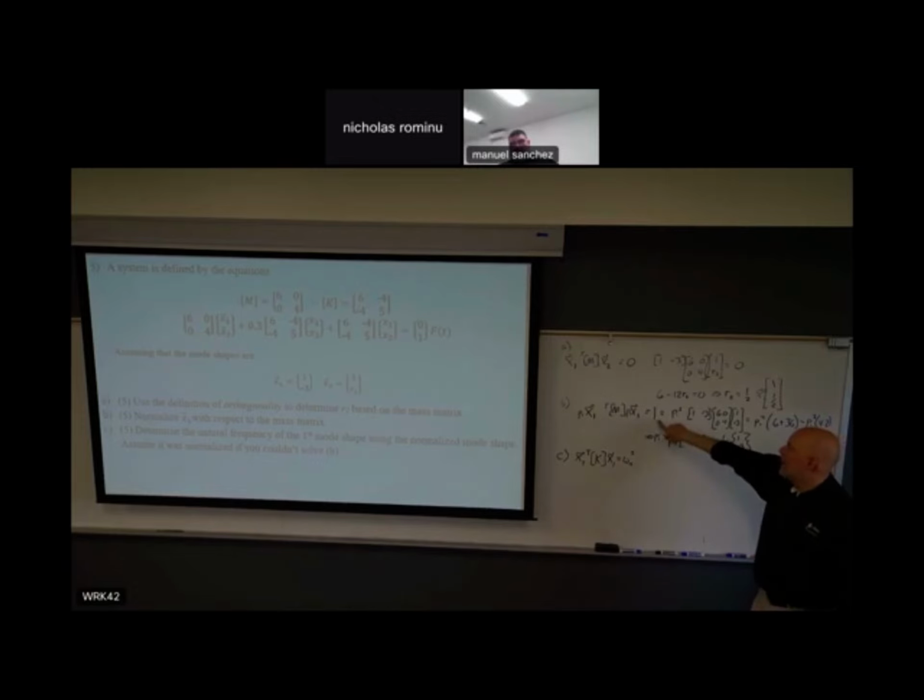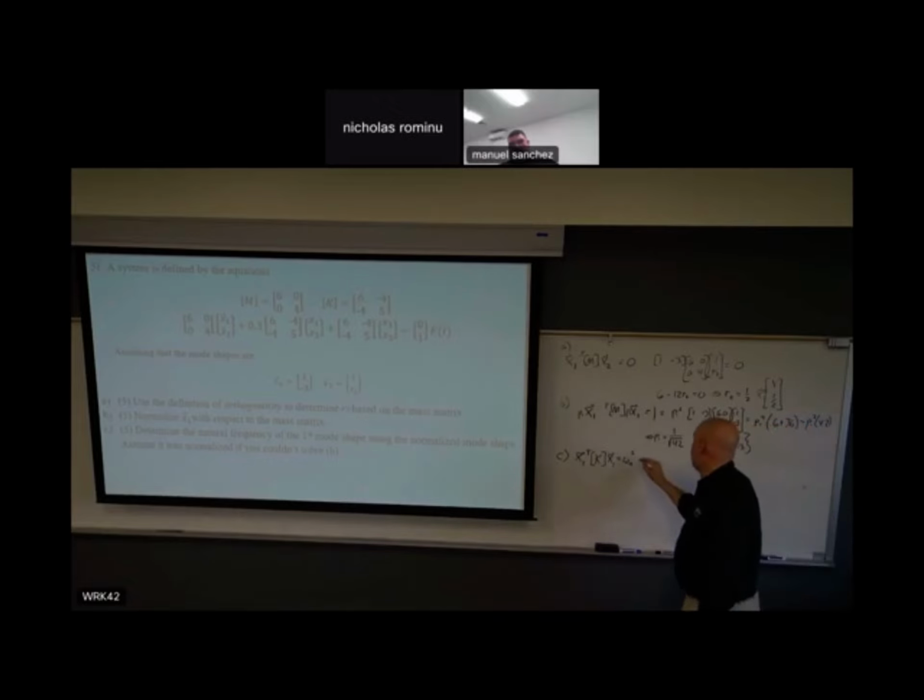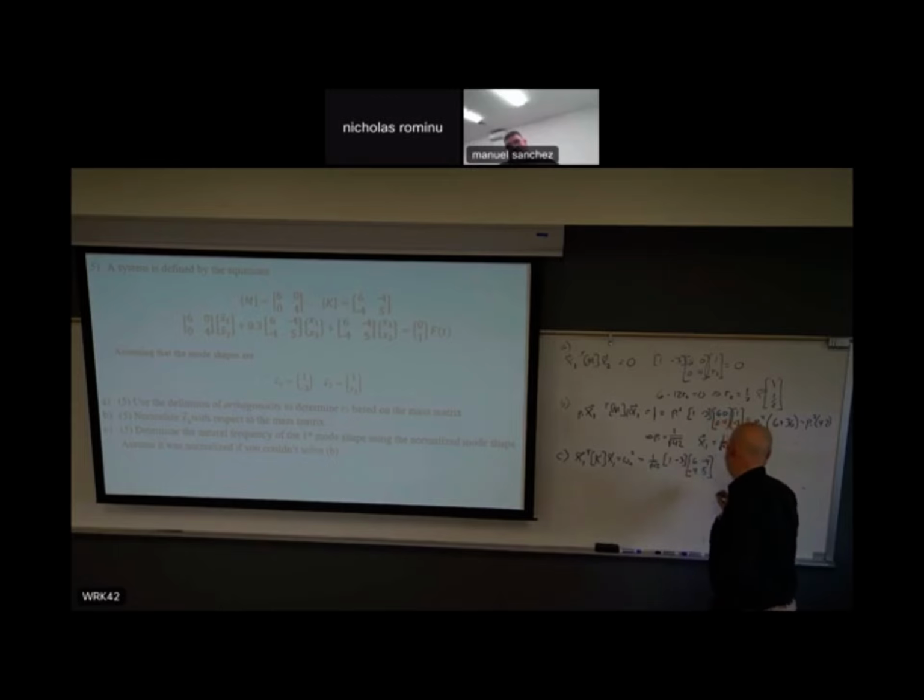So if your equivalent mass is 1, then the equivalent K is your natural frequency squared. So it's 1 over the square root of 42 times 1 minus 3 times our K matrix, 6 minus 4, minus 4 and 5, times 1 over the square root of 42 times 1 minus 3.